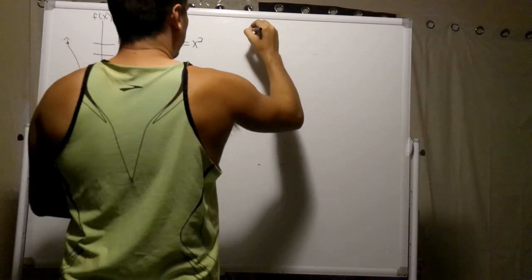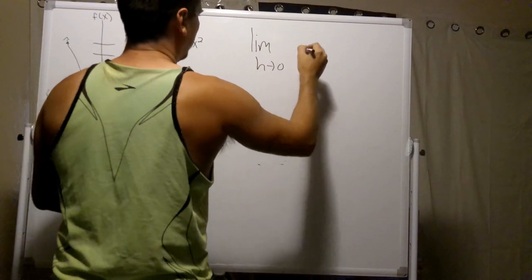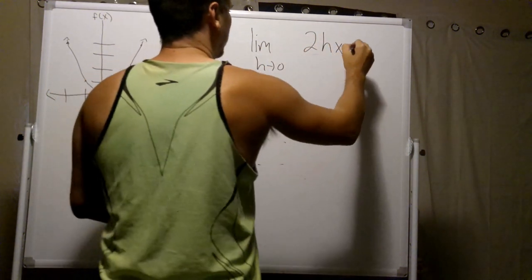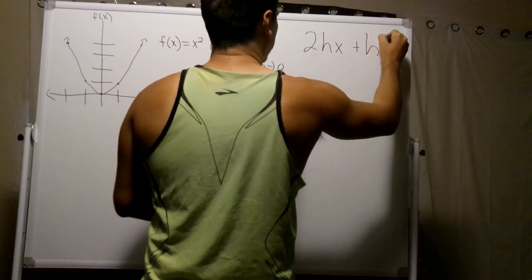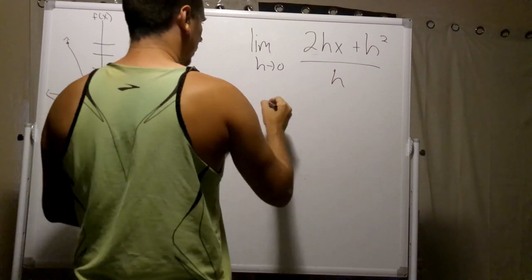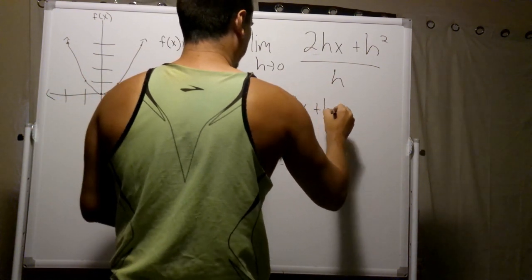So we had the limit as h goes to 0 of 2hx plus h squared over h. This becomes 2x plus h.